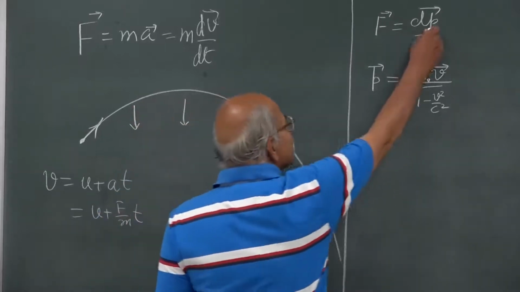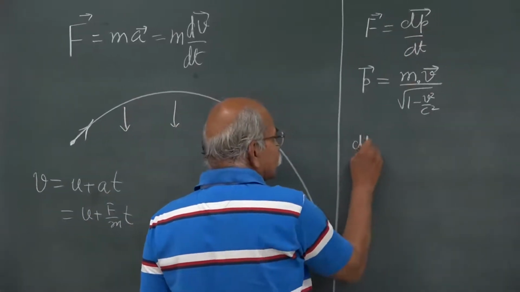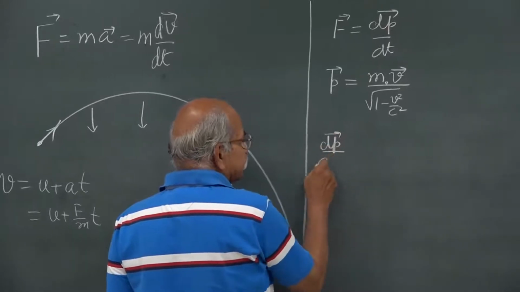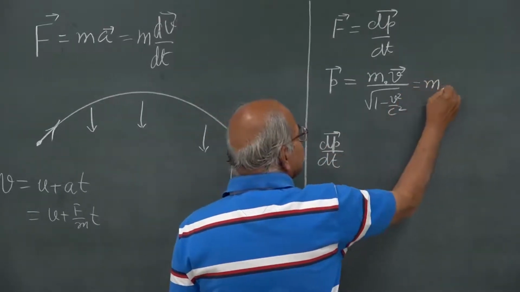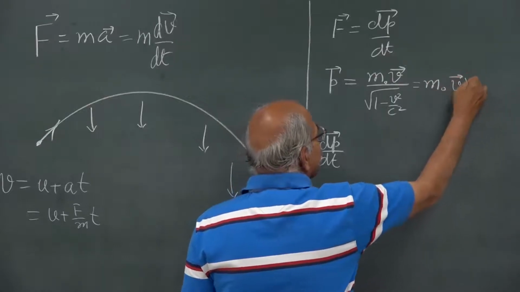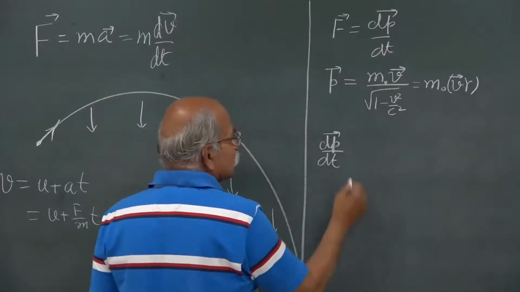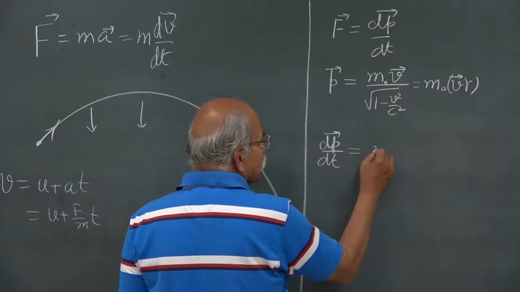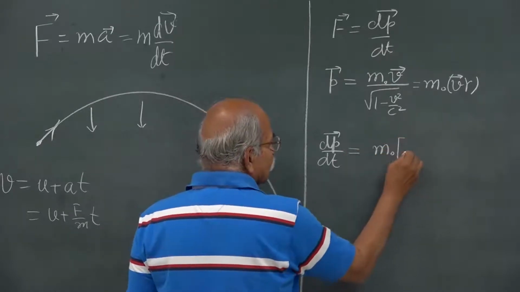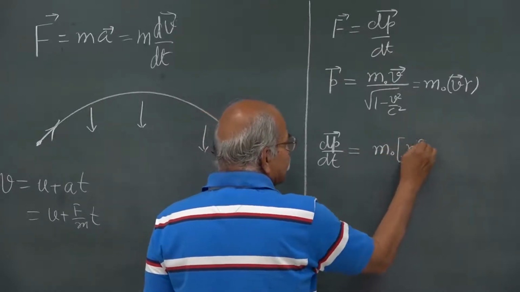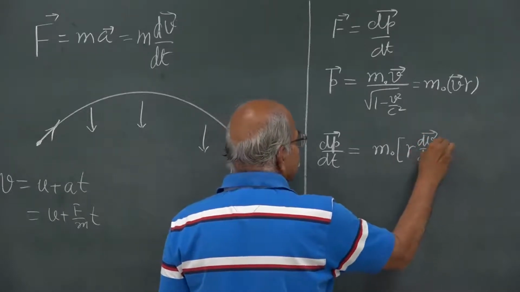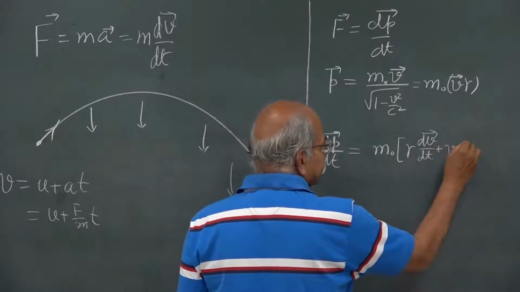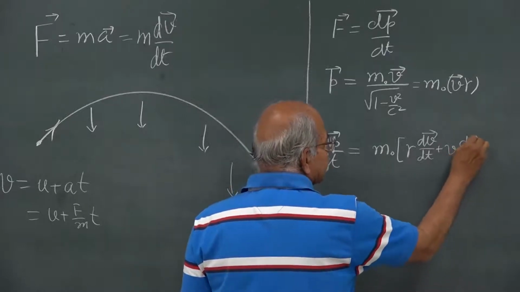So, just look at this dp dt. Let me write it: m naught v gamma. So, dp dt, if you write, this is m naught gamma times dv dt plus v times d gamma dt.